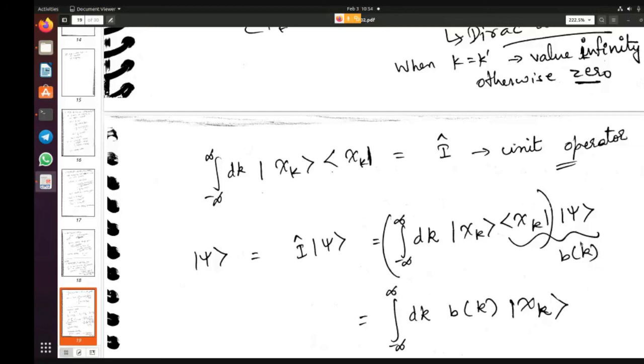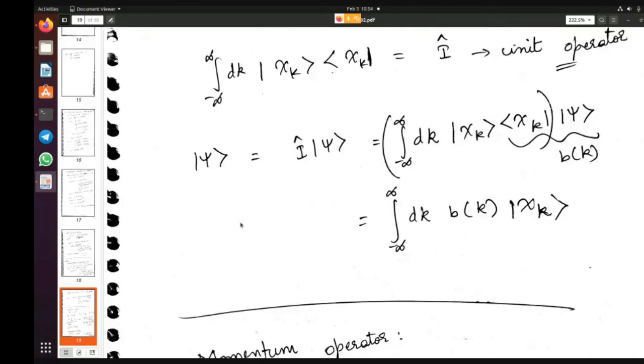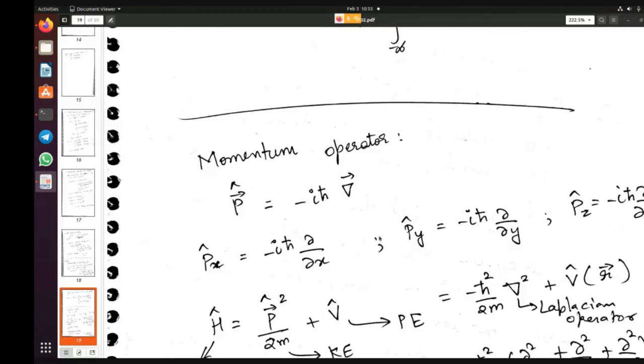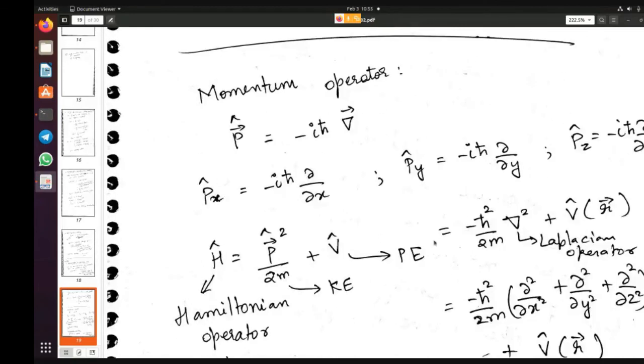Then you integrate over all dk, going from minus infinity to infinity, of b of k into ket chi of k. So this becomes your state vector in the continuous space. These are some examples of your continuous space state vectors, or continuous space operators.